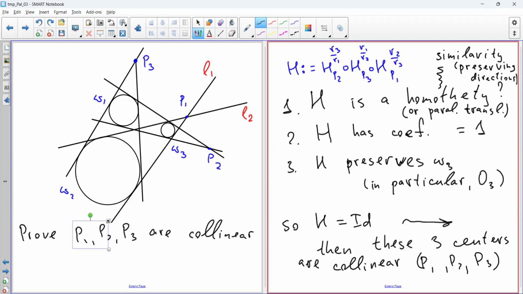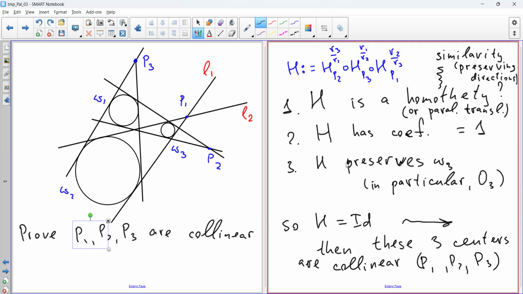I have a question. If the resulting coefficient was not one, will it be a homothety? Of course. If the coefficient is not one, then it definitely would be a proper homothety, with some center and some coefficient computable from the coefficients of the intermediate homotheties.